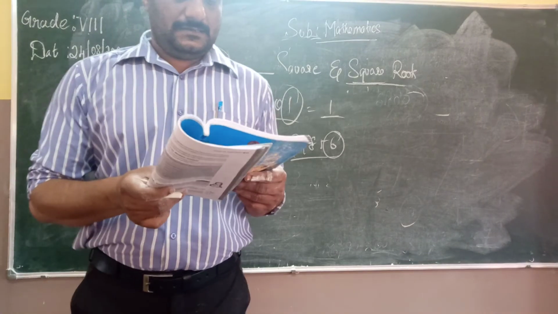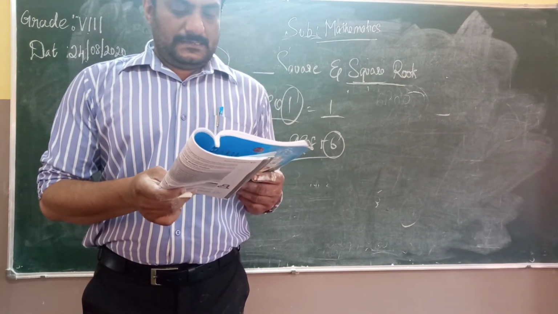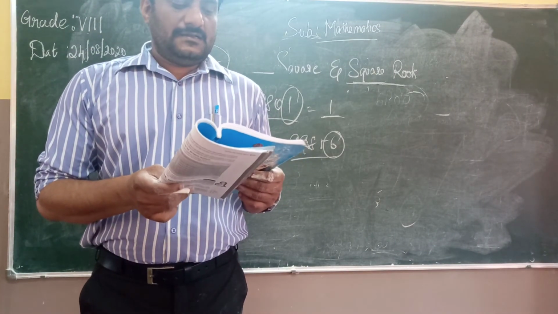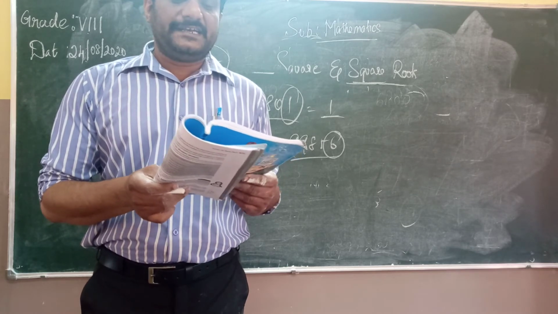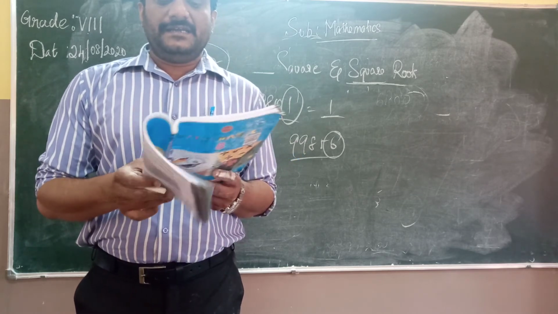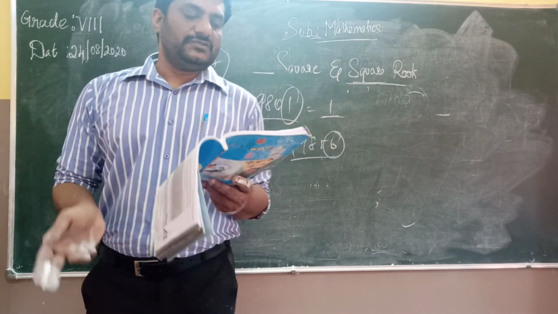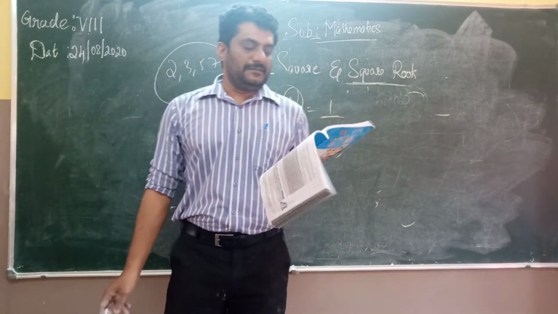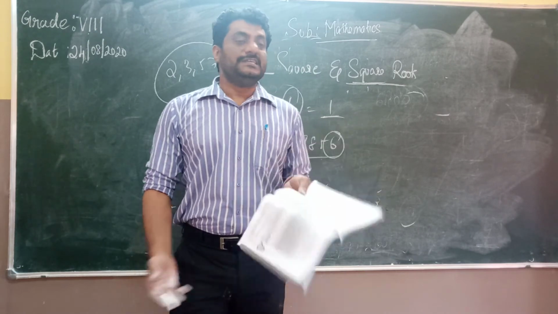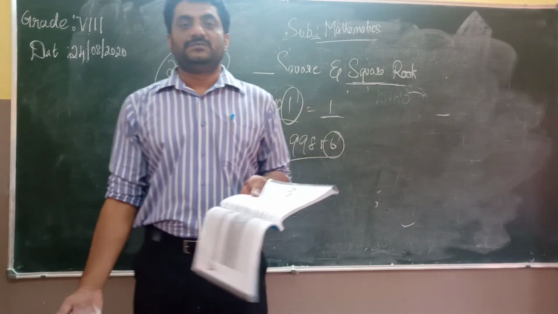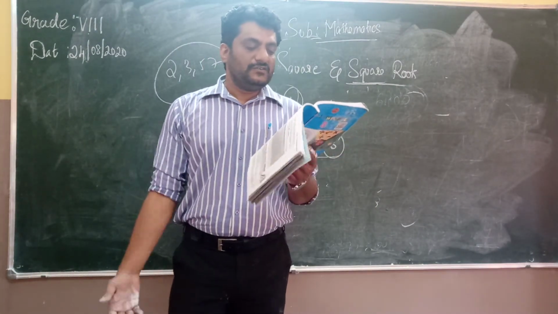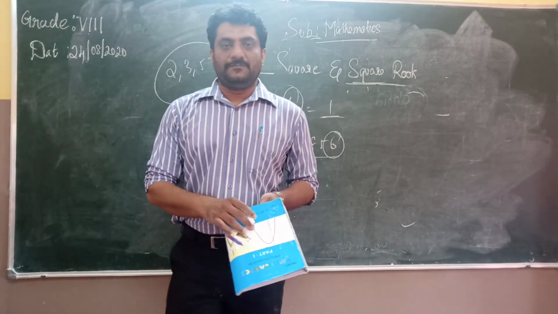Next, third: find the roots of 100 and 169 by repeated subtraction. We have already done this; I want you to try that. And the fourth: find the square roots using the prime factorization method, which we just did now. So for questions 1 to 4, I don't think you should have any problems.